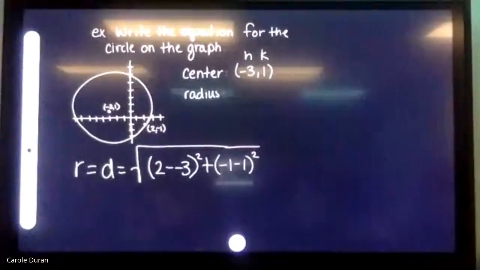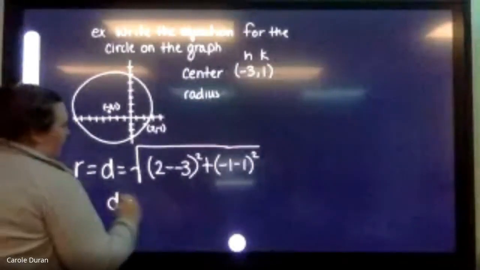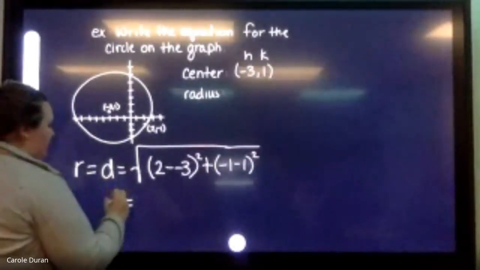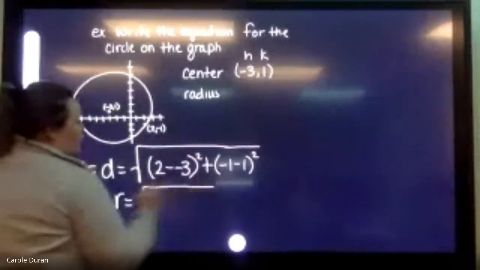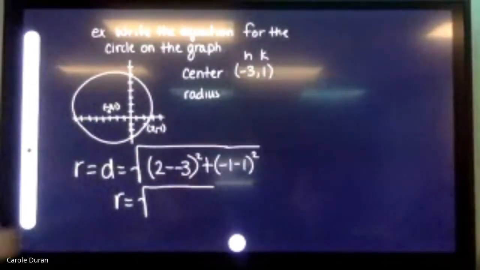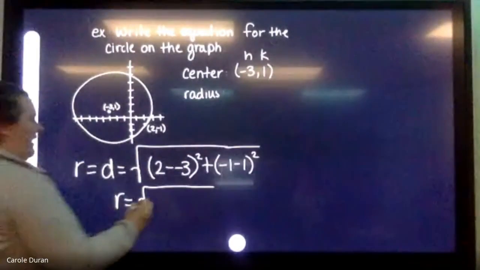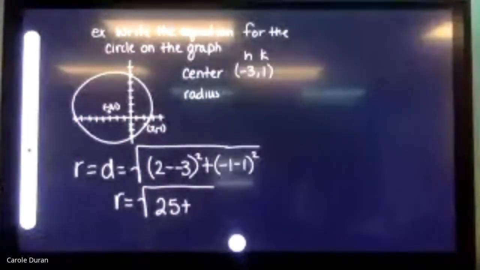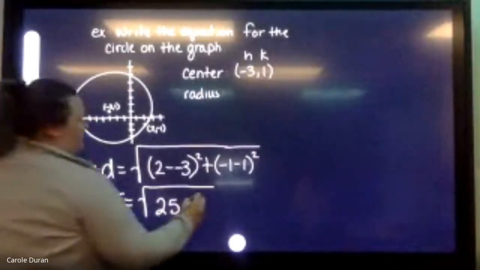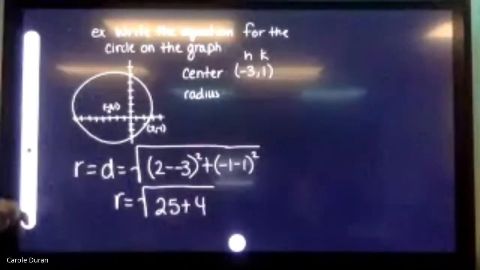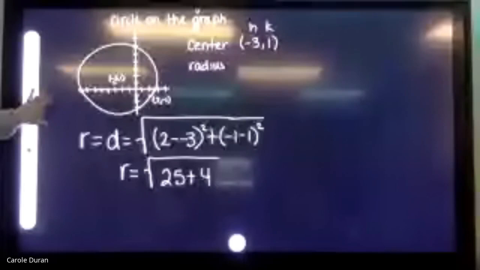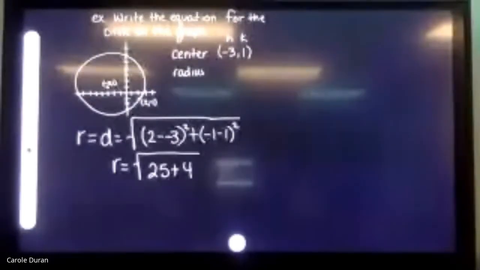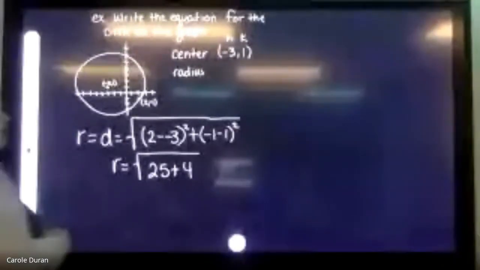And then all I have to do is simplify. 2 minus a -3 becomes 2 plus 3. 2 plus 3 is 5. 5 squared is 25. -1 minus 1 is -2. -2 squared is 4. So under the radical, I should end up with 25 and 4. And when I add those together, I get the square root of 29.